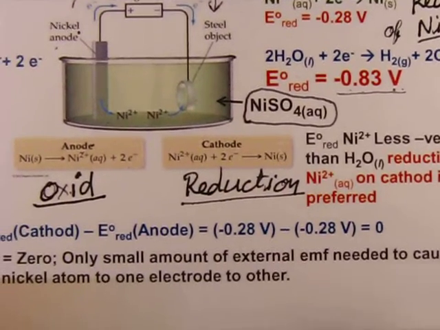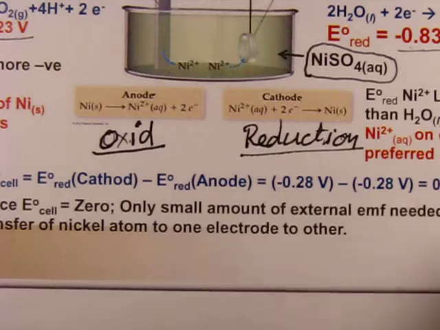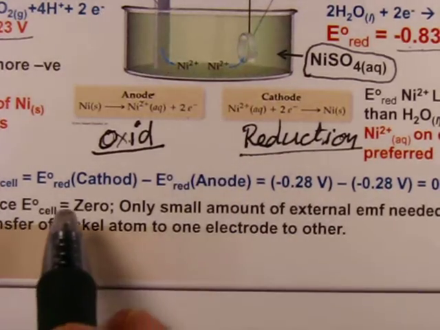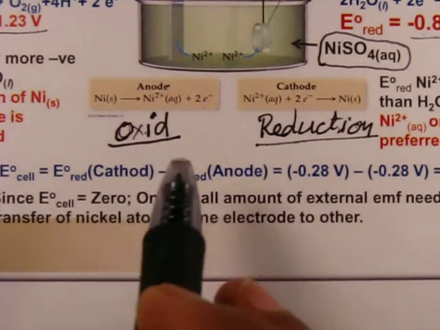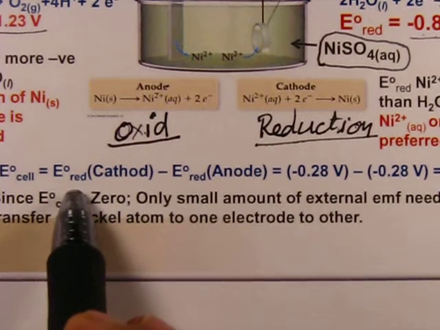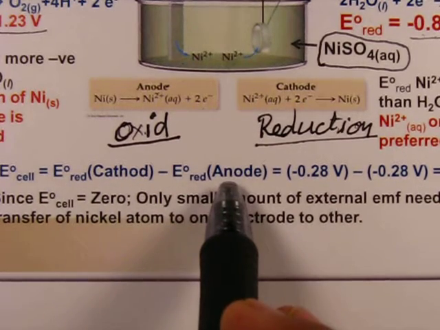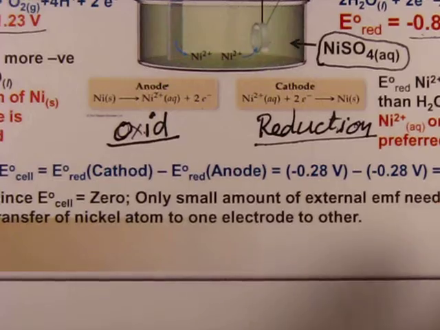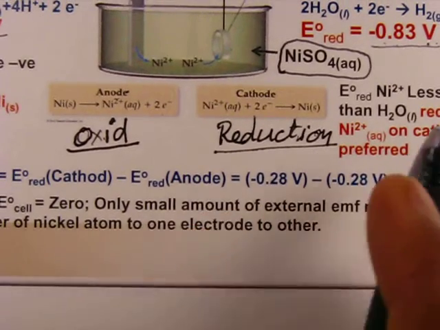And if we calculate the total E cell potential of this electrolysis process, it will be E reduction of cathode minus E reduction of anode.